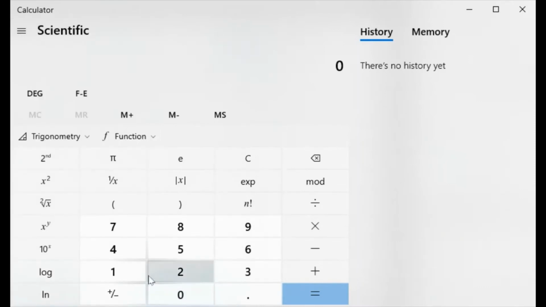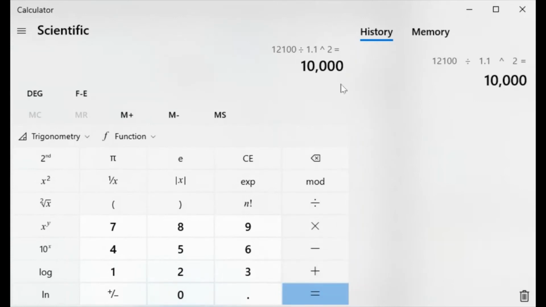Because now you do this: 12,100, right? 12.1K. We divide it by 1.1. This is x raised to y, so on some calculators it may be that caret sign. You raise it to 2. Hit enter, and you will get exactly 10,000. Okay? Did you get it?